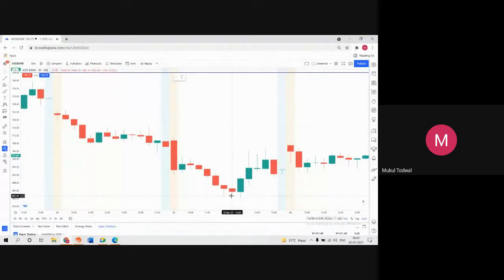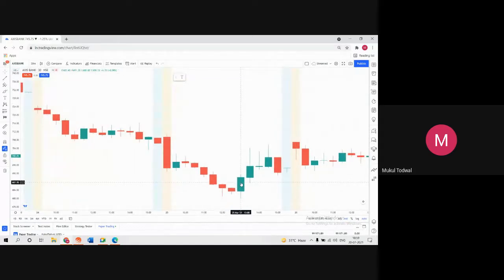Okay, so by this what we can mean is that the bears were trying to have control over this script, but now what has happened is a red candle followed by another red candle and then a green candle. What is the benefit of this? We have nothing to do with this red candle, but it should be a red candle over here.